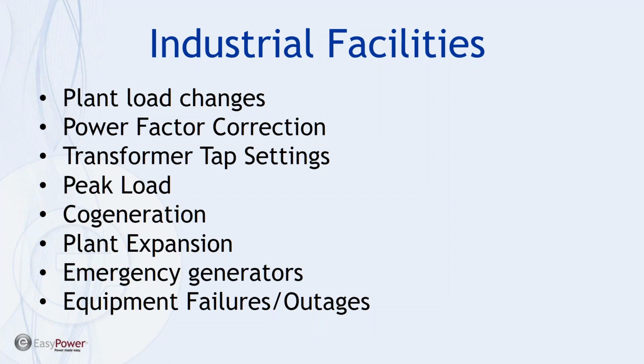So what we can look at when we get into the EasyPower tools, we can look at the load changes throughout the plant and how it affects other parts of the system. There may be a need to keep an eye on power factor correction. In many parts of the country, power factor can be a significant penalty in terms of utility charges, because if we have times where our power factor is beyond a certain limit, we can receive a significant demand penalty that can easily justify the need for monitoring and power flow studies.